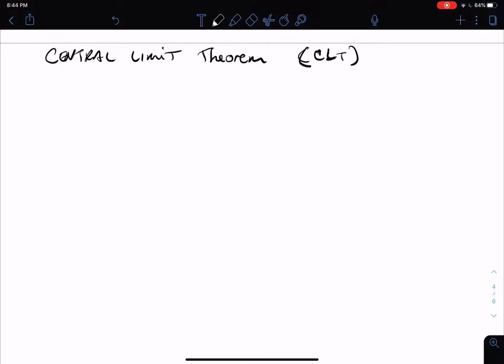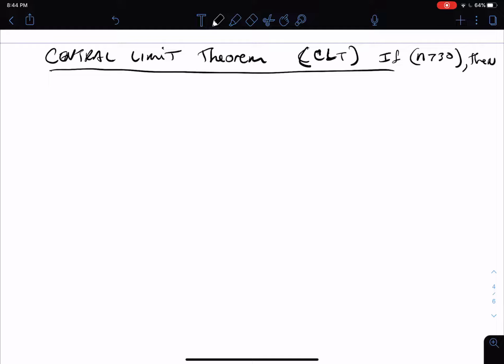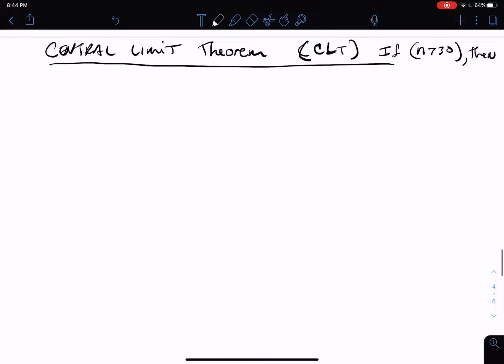Okay, now this says if your sample size is greater than 30, then there's some great things we can say. Now this is a mouthful. I got to start that over again.